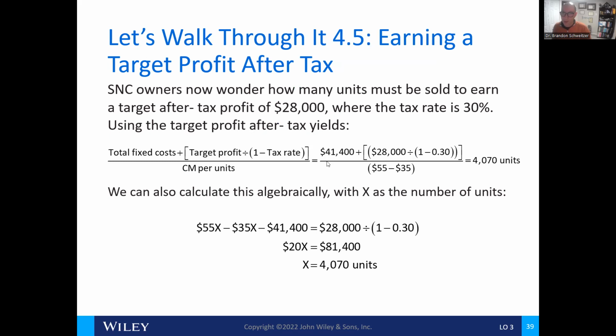And then we add that to the fixed costs. Then we divide by the contribution margin. This tells us we need to sell 4,070 units to achieve a target profit of $28,000 after taxes. And of course, we could also solve that algebraically as well.